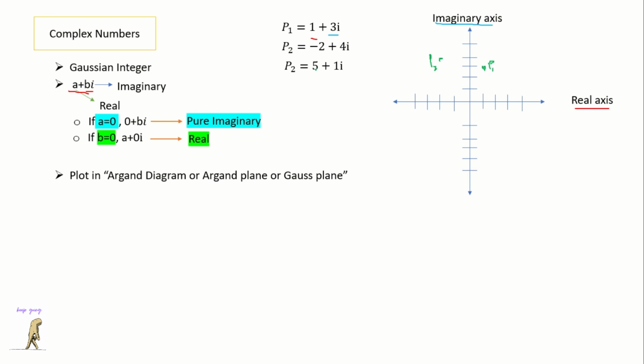Lastly, positive 5 and then positive 1 here: 1, 2, 3, 4, 5. This is point 3. And now you know how to plot a complex number.